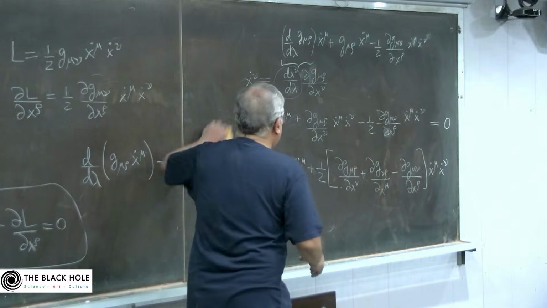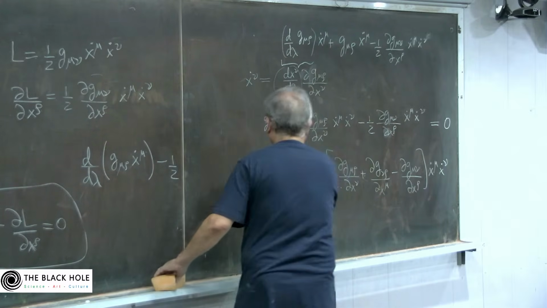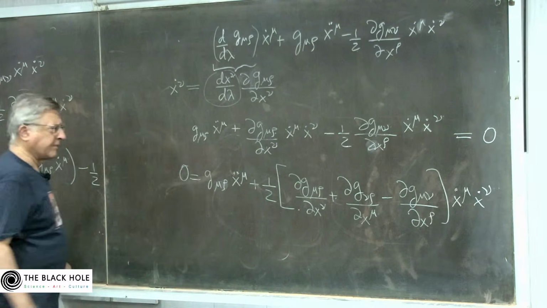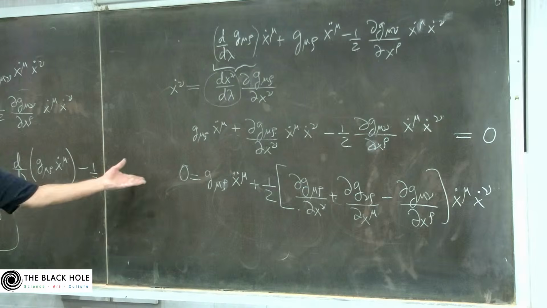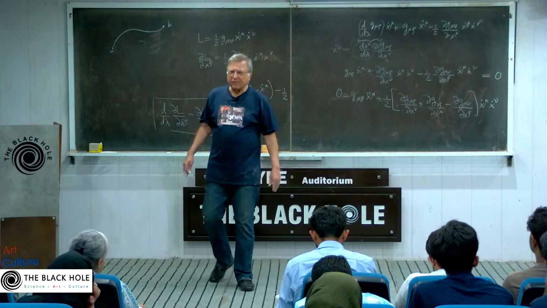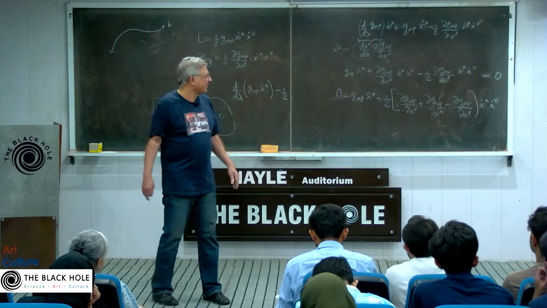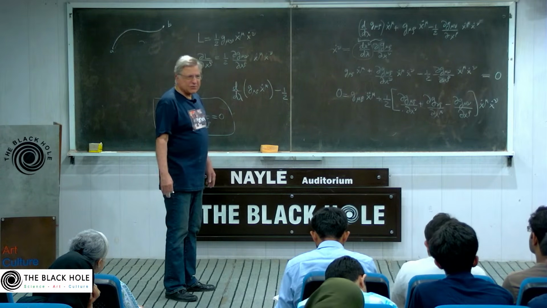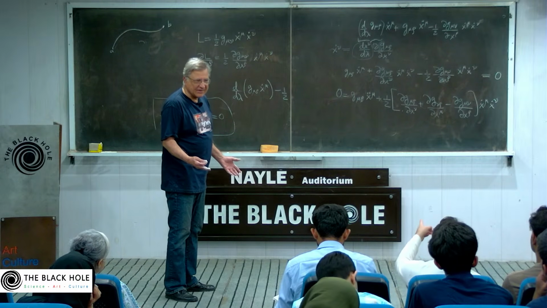And that's equal to 0. So 0 is equal to this. And now one last thing that I need to do is, if I have something equal to 0, I can multiply it by anything I want. What do you think I should multiply in order to give this a nicer form?